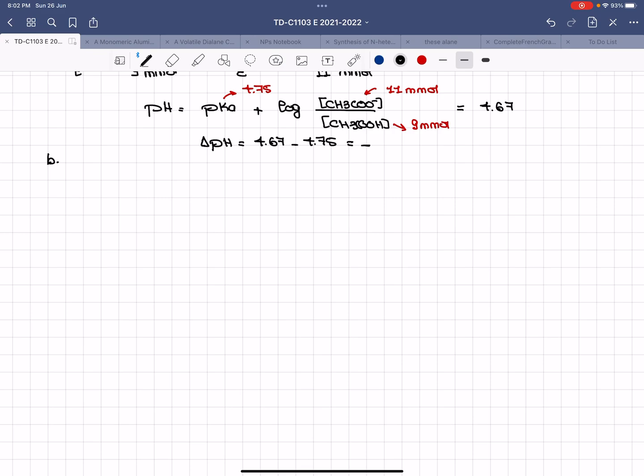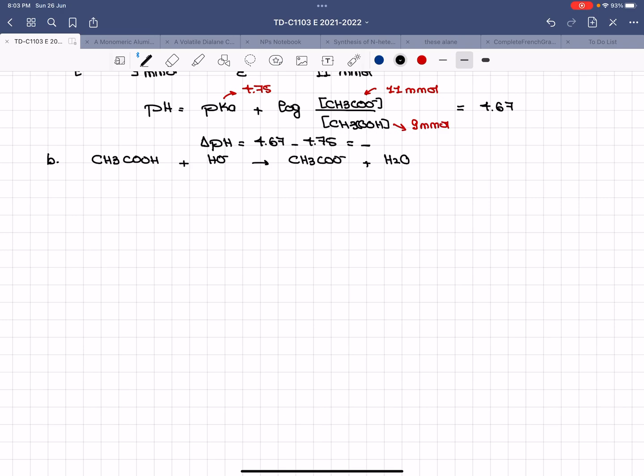Part B. In part B, you have 100 milliliters of A again, but this time with NaOH. NaOH is HO minus. HO minus will react with the acid, not the base. So you start the reaction with acetic acid plus HO minus giving CH3COO minus plus H2O.